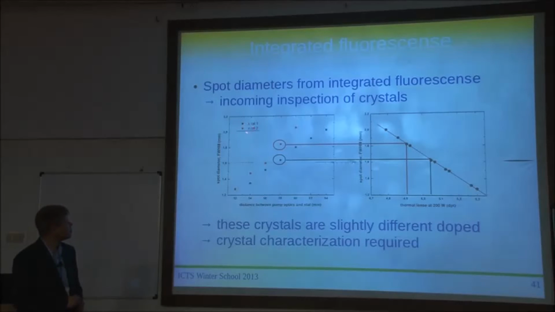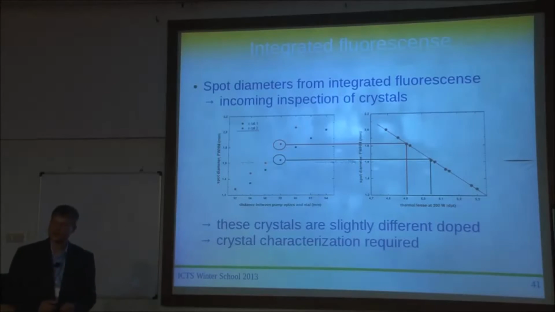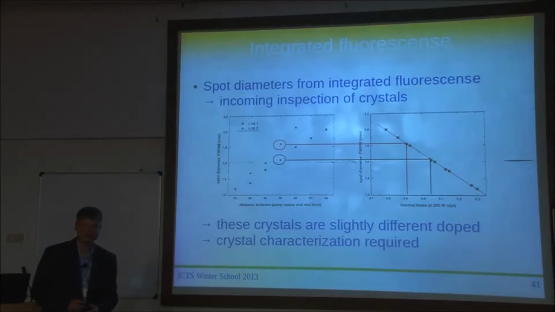So if you analyze 2 of these crystals here, and you look at this integrated spot diameter with respect to the distance between the pump optics and the crystal, and you end up with different curves, then that indicates that there is something going on with the doping concentration in these 2 crystals, so they are different.